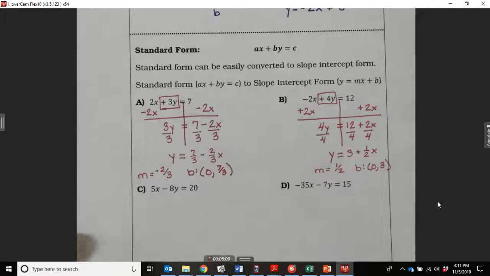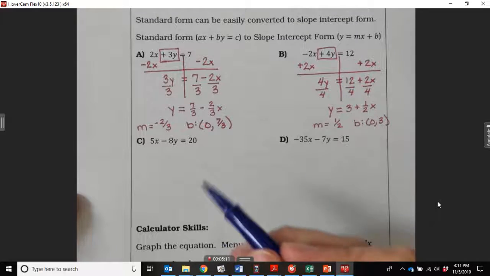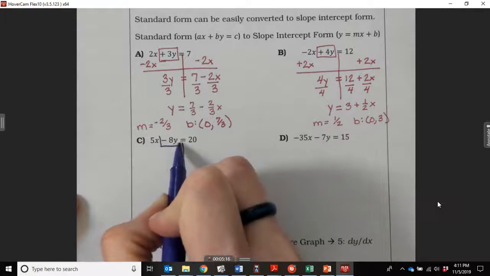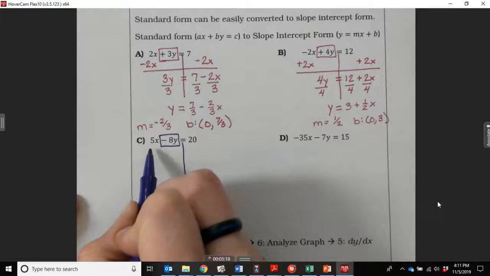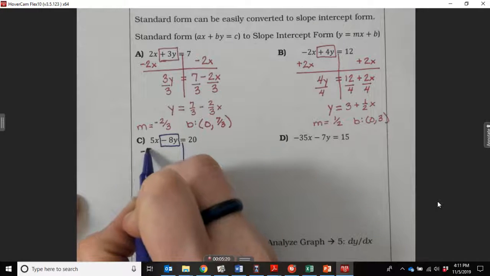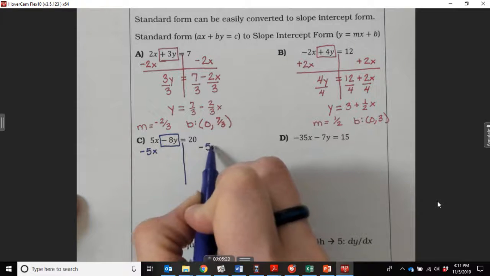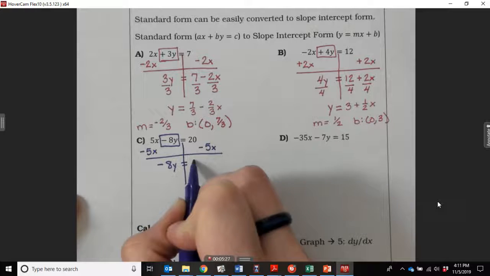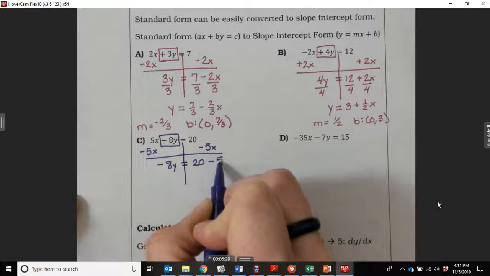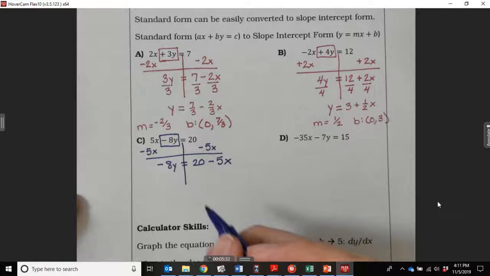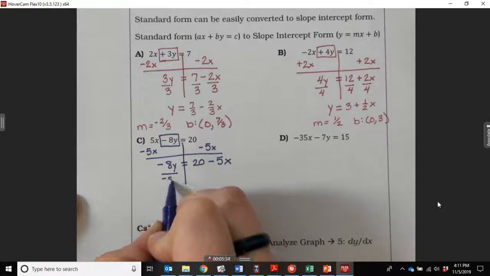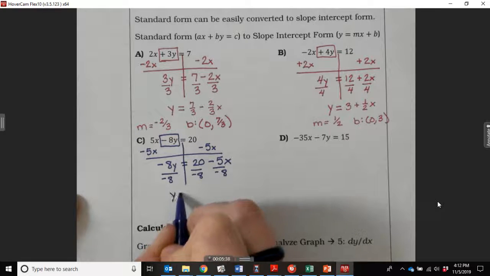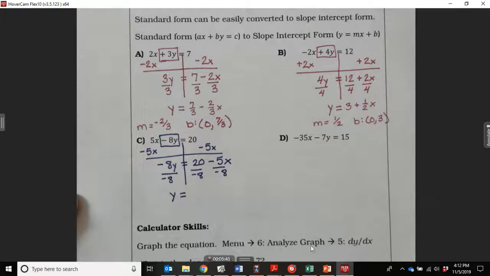Letter C, same process. Brick wall. Box in your variable, and we're solving for y. Opposite of a positive 5x is minus 5x on both sides. Then I have -8y equals 20 minus 5x. And the last step is to divide, and we're dividing by -8. So y equals, and we're going to go to the calculator.